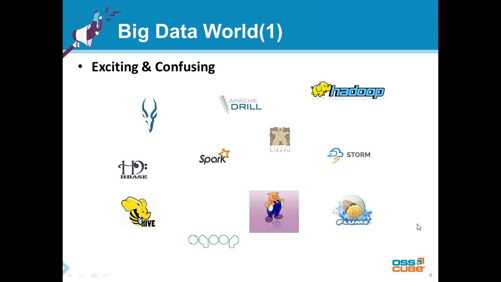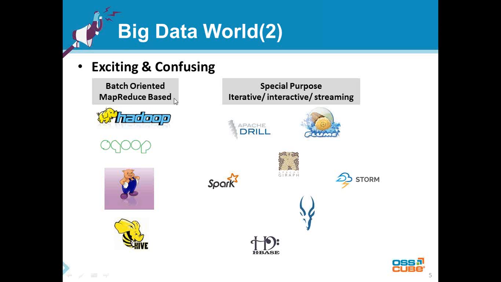But if you look at what these tools do, they typically do two kinds of data processing. One is batch oriented, typically MapReduce based, and then there is another set of special purpose tools that do iterative, interactive, and streaming processing. I just want to differentiate between the first group and the second group. Here you process data in a batch oriented mode.